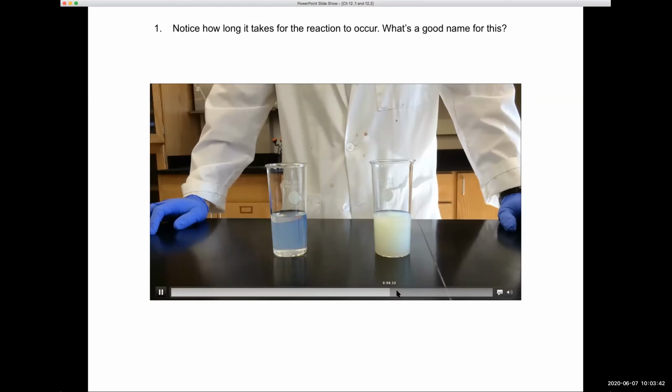So clearly, even though it's the same reaction, the reaction didn't occur at the same rate. So the difference is that these two reactions are occurring at different rates. And a rate always has a time component. So time is really important. It's almost like how fast your car is going. It's like a speed.